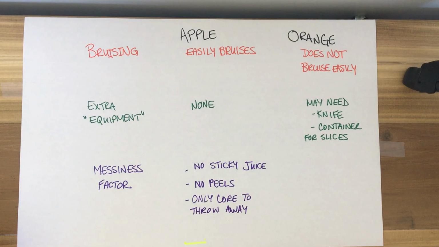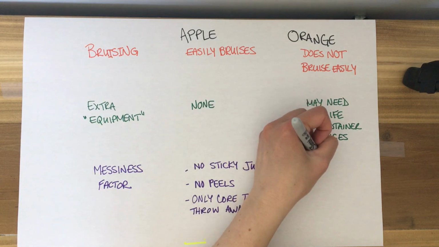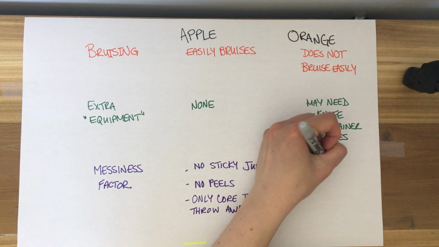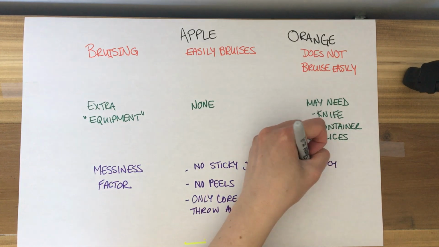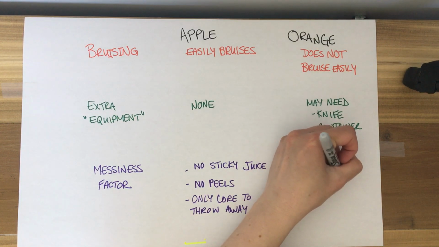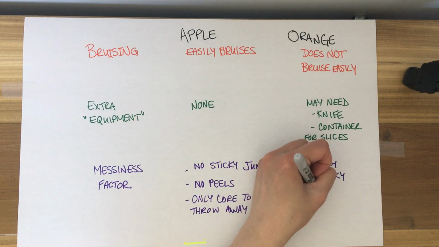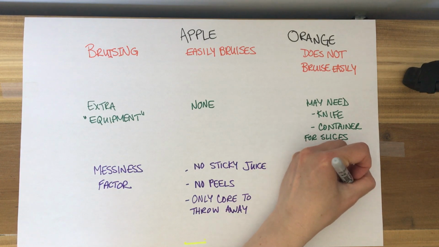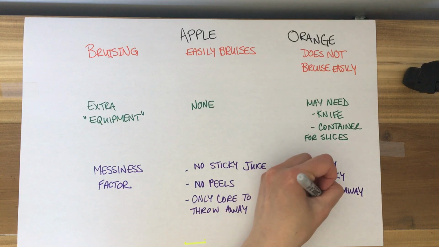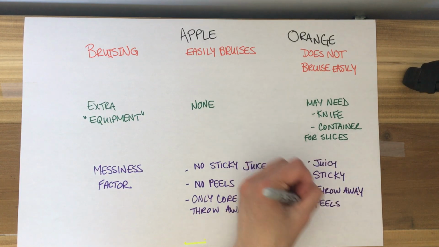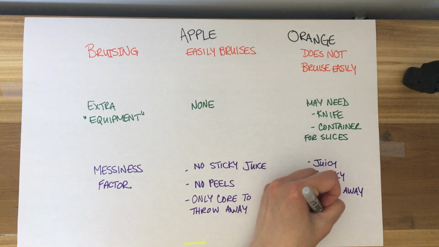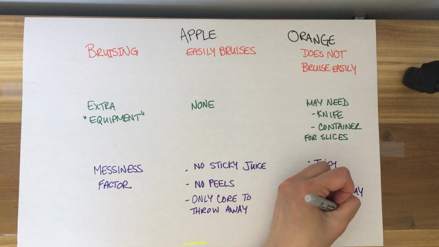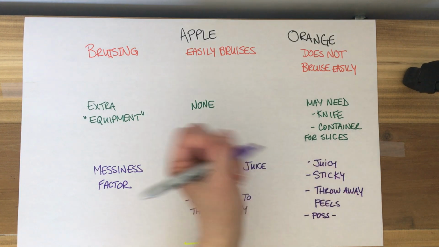Okay. Now when it comes to the orange, it is very juicy, sticky. We have, at the very minimum, you're going to have to throw away peels. And there could possibly be a leftover container.